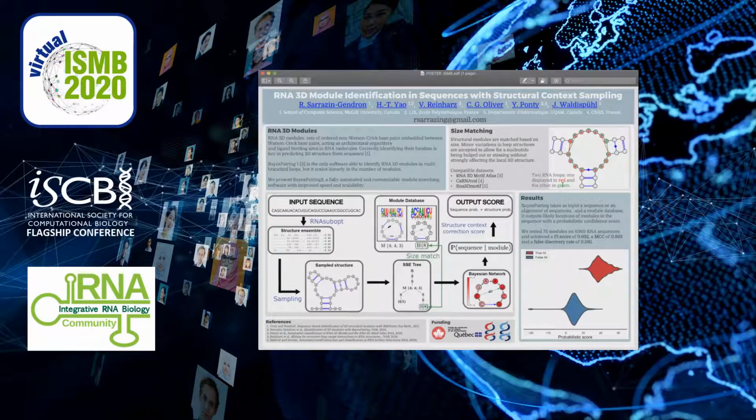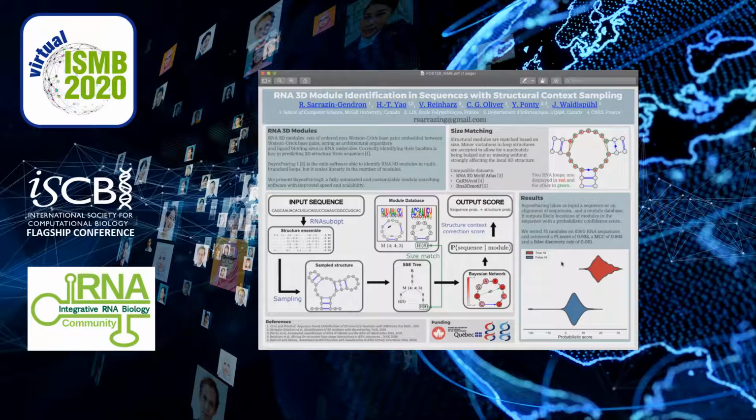So in terms of results, we tested on two main data sets, the RNA 3D Motif Atlas and RNA 3D Motif, which are two of the biggest methods to agglomerate modules.